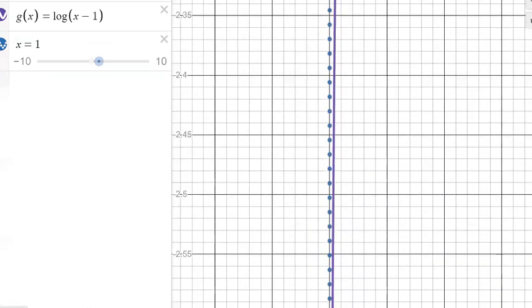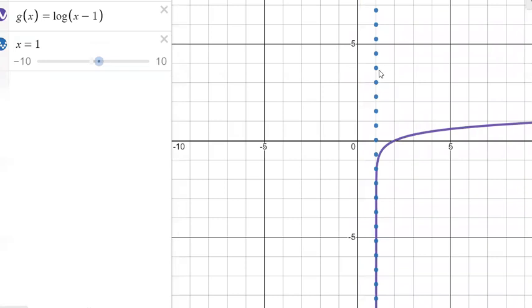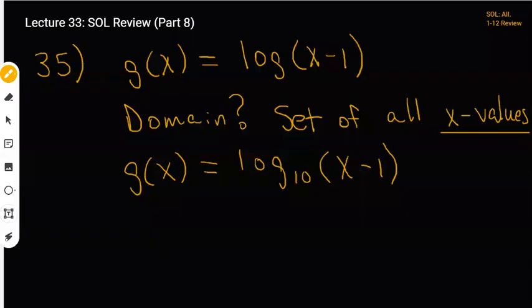So what can we say the domain is? Every number that's greater than what? 1. Yep. So x has to be greater than 1. That's the domain, because we have a vertical asymptote there.